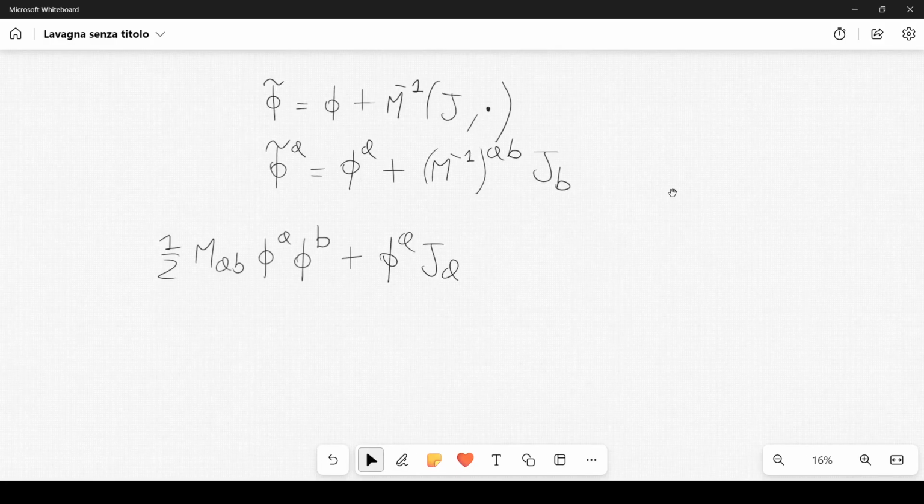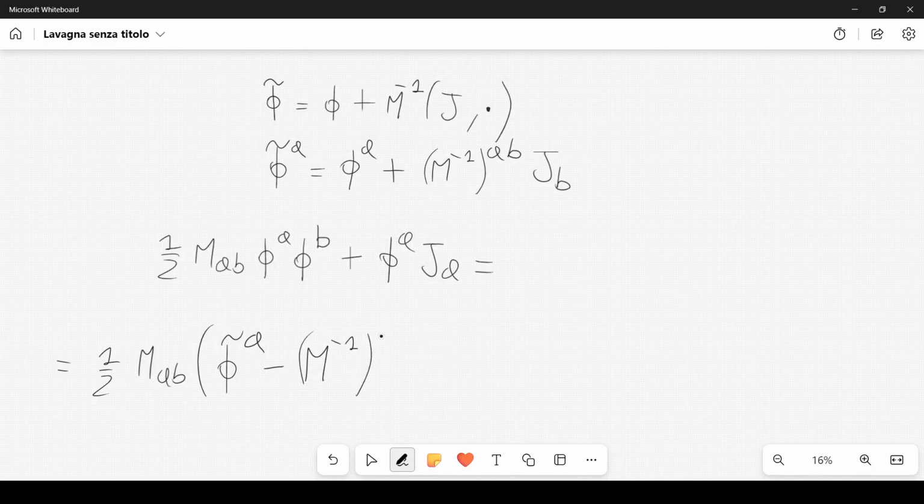And now we can use this definition for phi tilde, so instead of phi_A, we can put phi tilde_A minus M inverse_AB J_B.